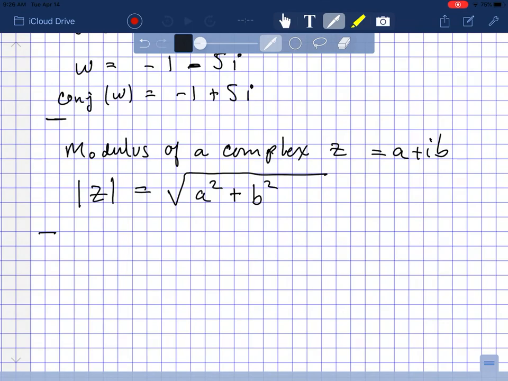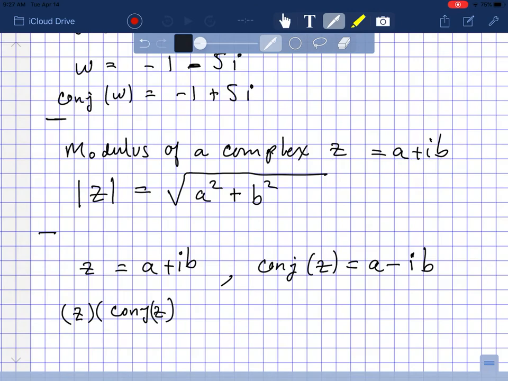For now, I want to look at this though. Suppose I have z is equal to a plus i times b, and I look at the conjugate of z. This is equal to a minus i times b. So let's look at the product. So I'm going to take z times the conjugate of z. All right?